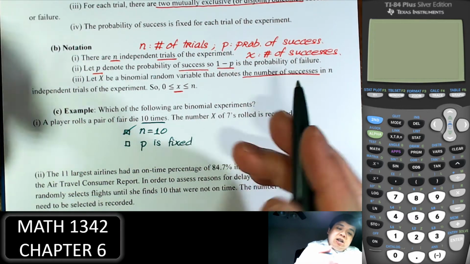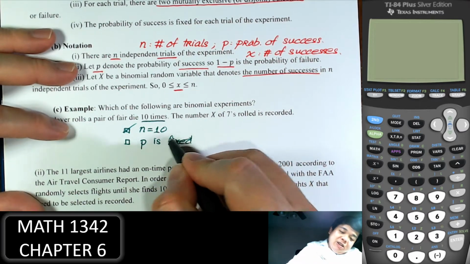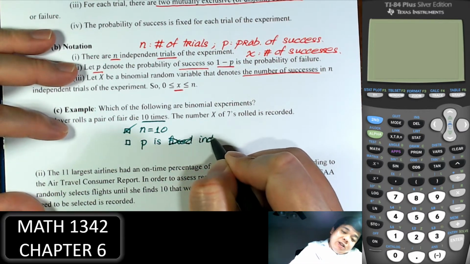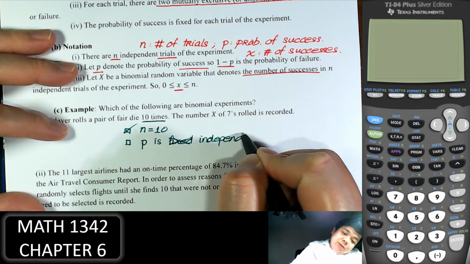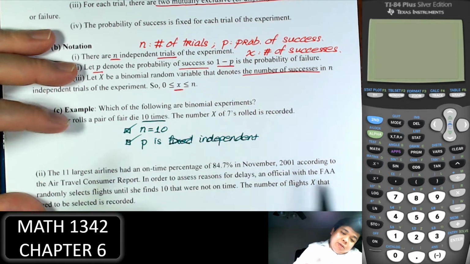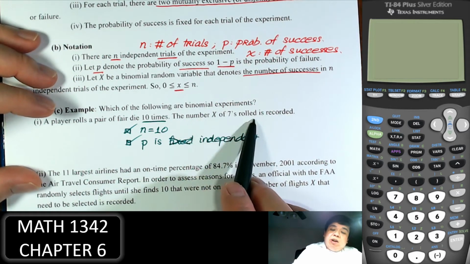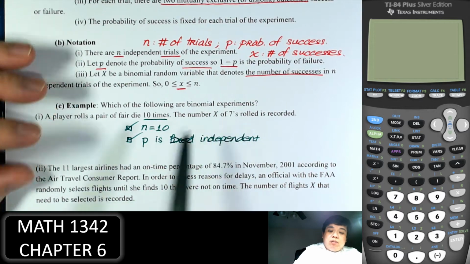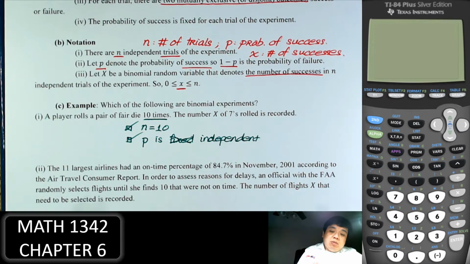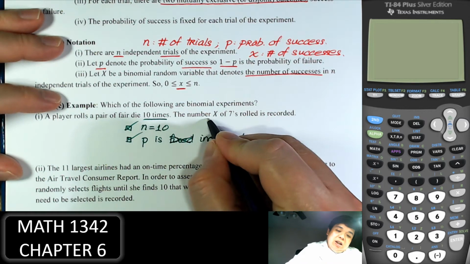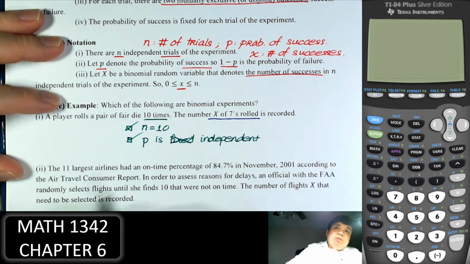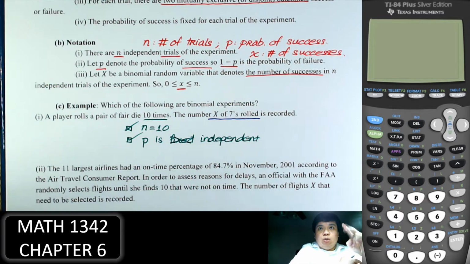I should say it's independent. And x is the number of 7 rolls. So we know the outcome of each time is getting the sum of 7. So either getting 7 or not 7, right? So either we get a 7 or not 7. So we have two clearly mutually exclusive outcomes. So that checks as well.